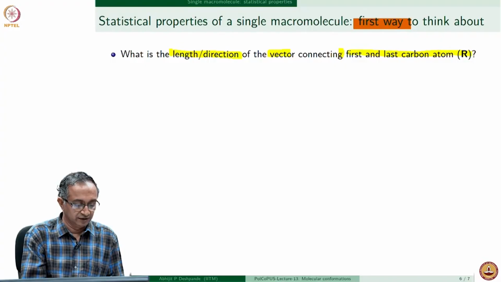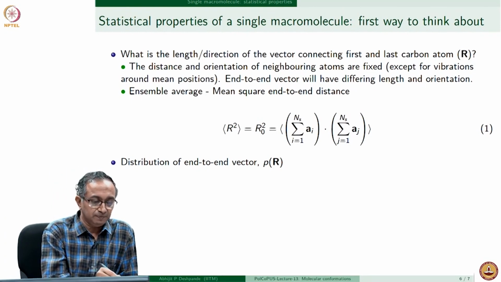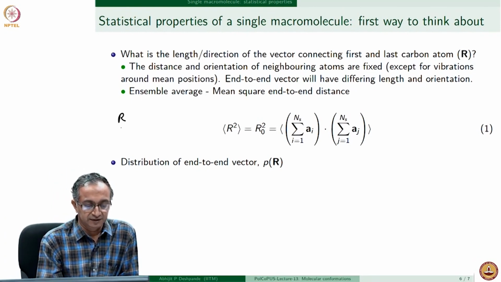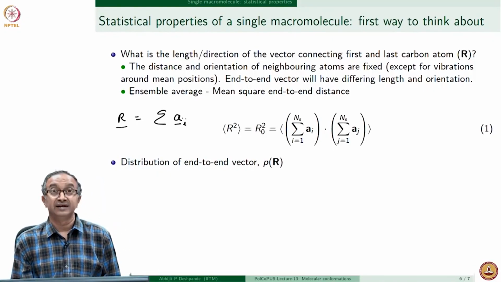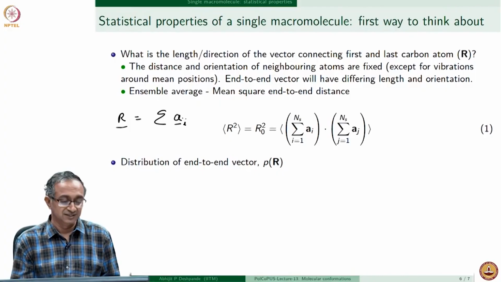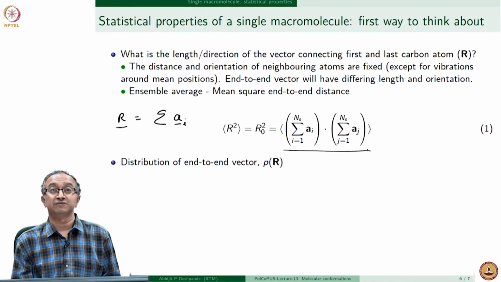In terms of definition, R is just a vector sum of all the individual links. If I am interested in knowing the distance, or the magnitude of this R, then I have to look at two different conformations and at the overall distance between end to end.